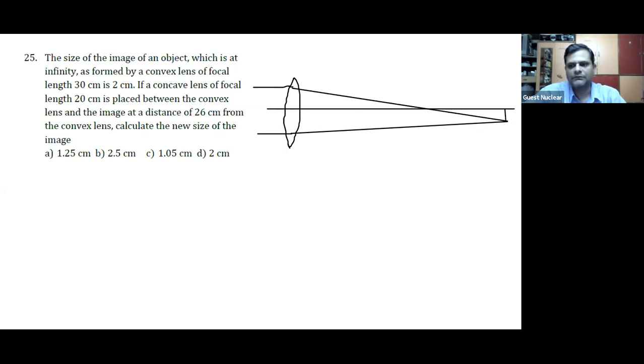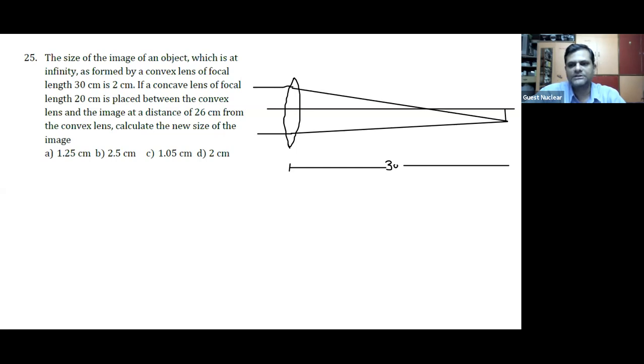Okay, ये वाला जो है वो 2 सेंटीमीटर डिस्टेंस दिया हुआ है. ठीक है, अभी यहाँ पे हम और एक कॉन्केव लेंस रखने जा रहे हैं. अच्छा, और कि यहाँ पे ये जो डिस्टेंस है तो ये 30 सेंटीमीटर दे रखा है. This whole distance is going to be 30 centimeter, which is the focal length also and the distance of object image also. तो ये बन गया हमारा 30 सेंटीमीटर.